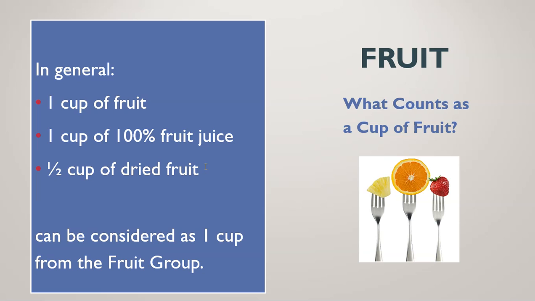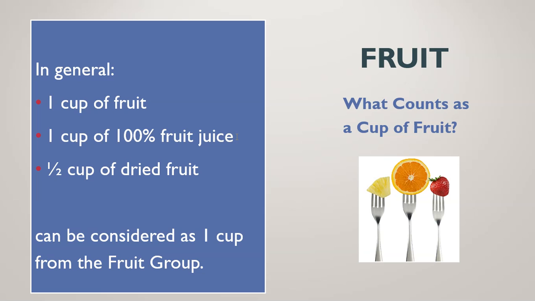So once again, you're trying to get at least 2 cups of fruit a day. You might start thinking, how can I make that happen? I'm going to give you a bit of a heads up here. It's always going to be best to eat fruit in its natural state. If you start relying a lot on fruit juice to meet this 2 cup recommendation, your intake of sugar will be a lot higher.